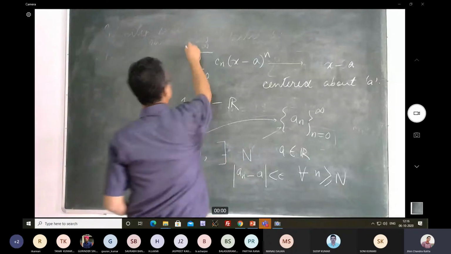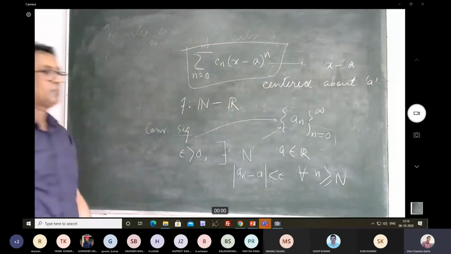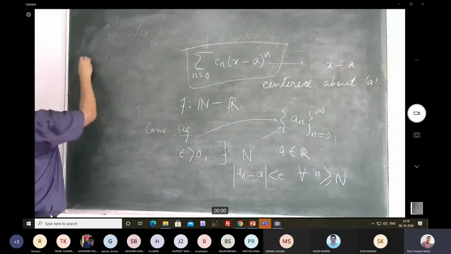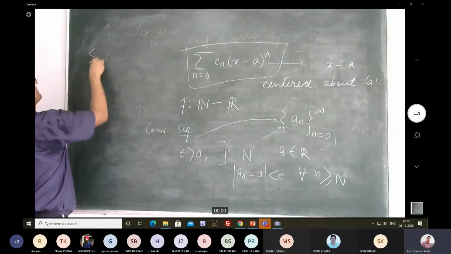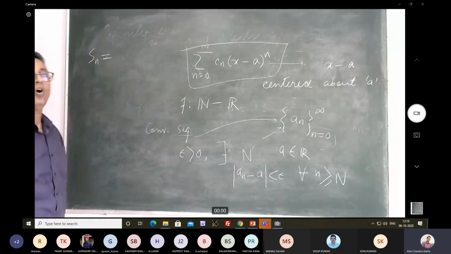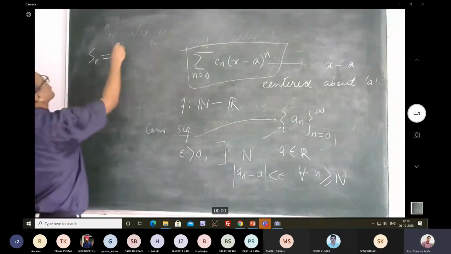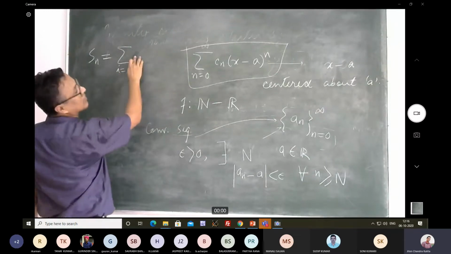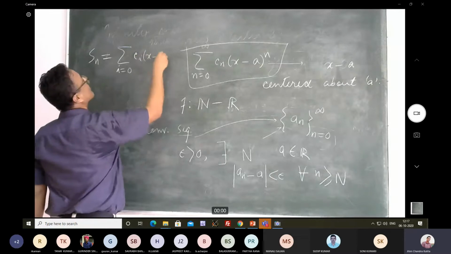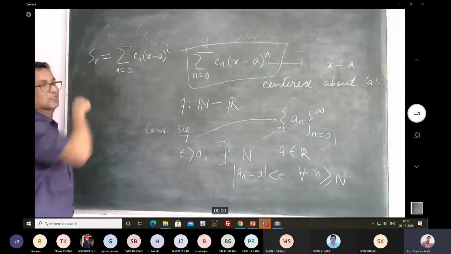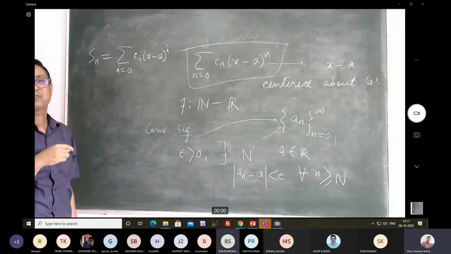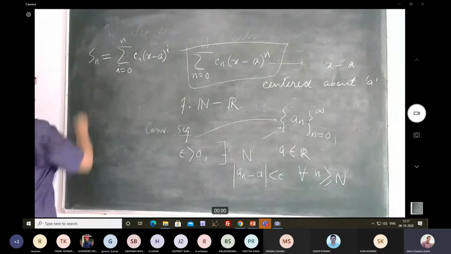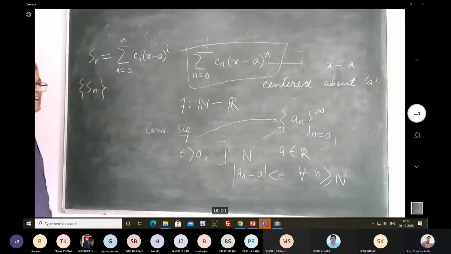Suppose I am considering this power series, and then if I consider the nth partial sum of this infinite power series, which is of course going to be defined by i going from 0 to n, right? 0 to n. Okay, so then it is going to generate a sequence Sn.